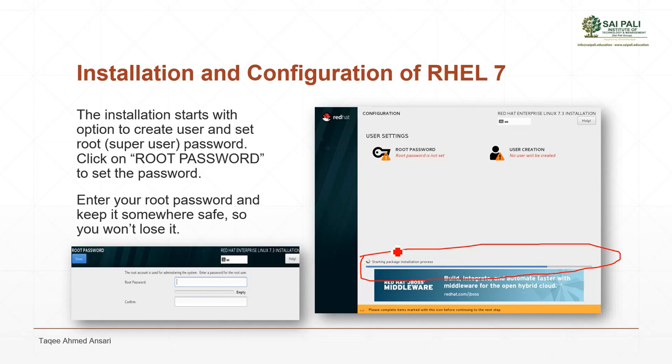That means it will start doing the job, and it will also give you an option to create a new user or set the password for root. So it will not stop the installation because it will take time. It will go on installing, and in the middle of the installation, it will give you the option to set the password for root and create a new user account.